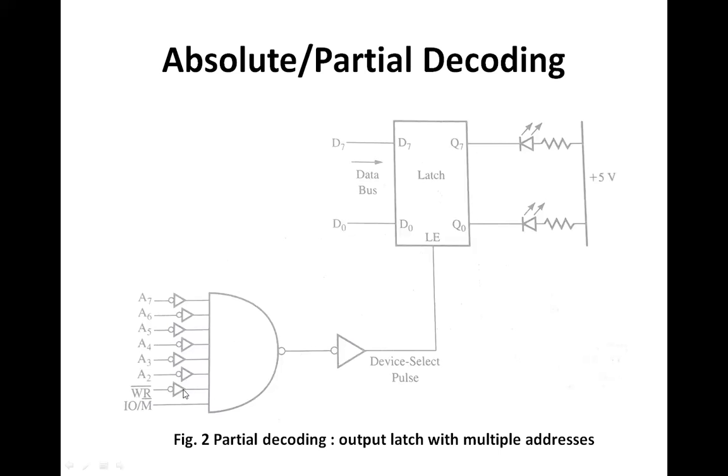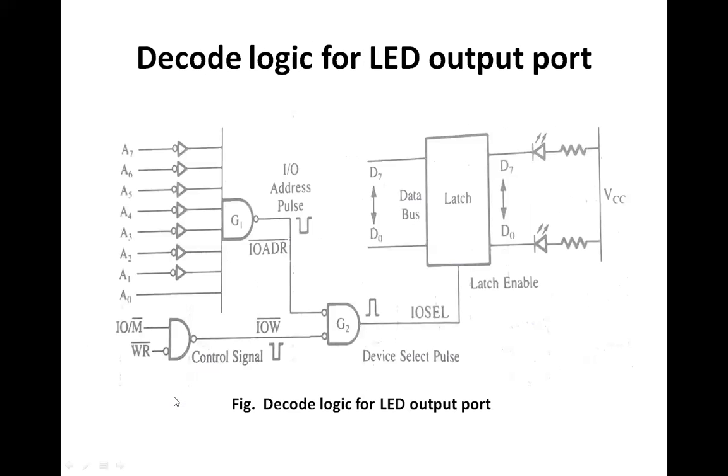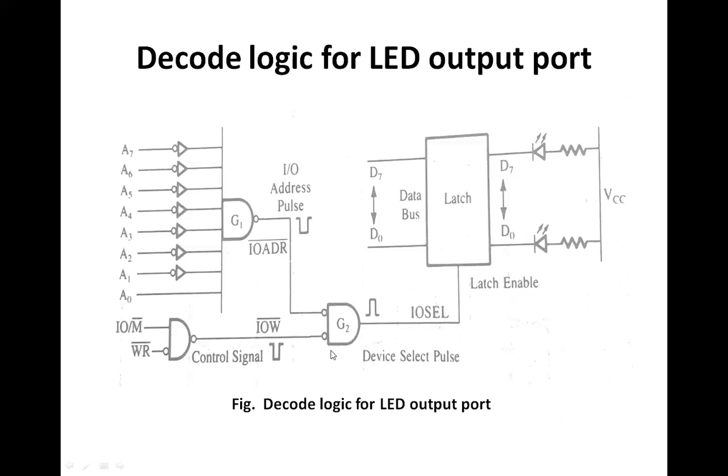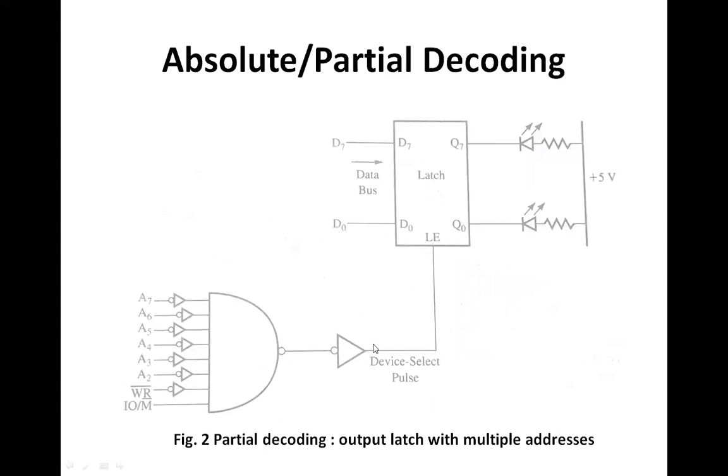If we are using this kind of partial decoding, we are going to reduce our circuit. So we do not have to use this particular NAND gate here to generate a pulse. And another thing is that we do not have to use this one also. So the partial decoding process is going to reduce the hardware.